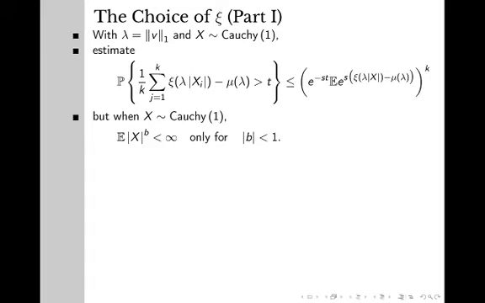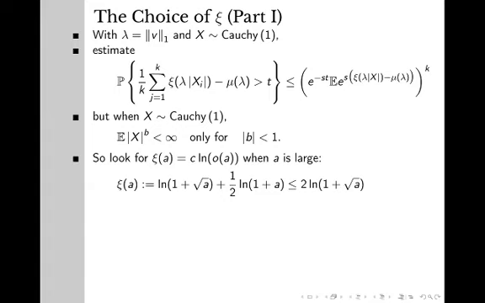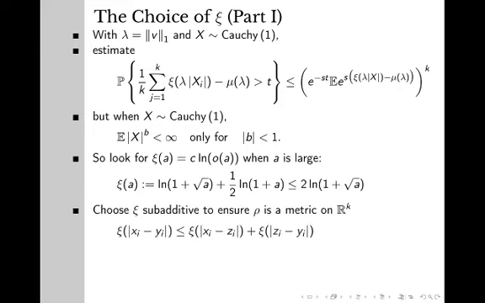In fact, xi can grow at most like the log of fractional powers of its input, so we chose xi accordingly. It is strictly increasing and concave, with the plus ones ensuring that it is 0 at 0 and non-negative. This makes xi a non-negative subadditive function, and so it plays nicely with the triangle inequality, ensuring rho is a metric.